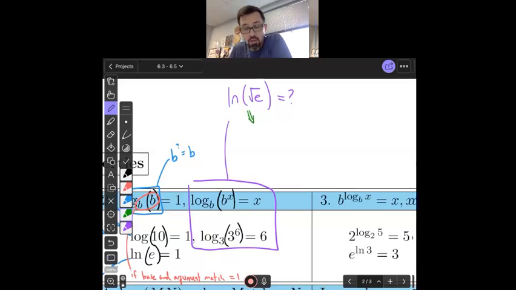Caleb, what's the natural log of the square root of e mean? You there, Caleb? Okay, so what does the natural log of the square root of e mean? I'm not asking what it's equal to, I'm asking what it means.